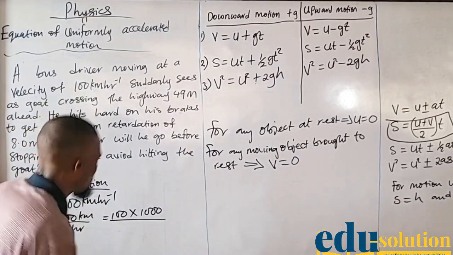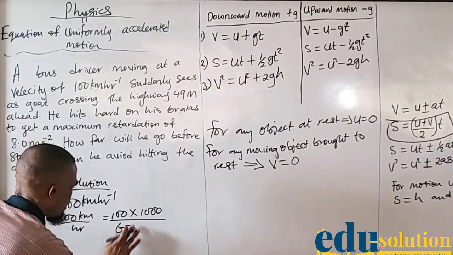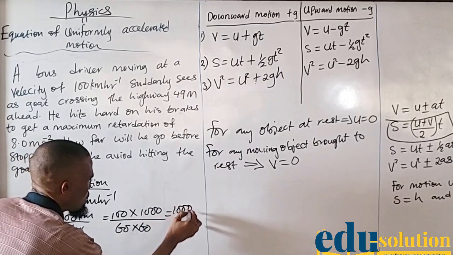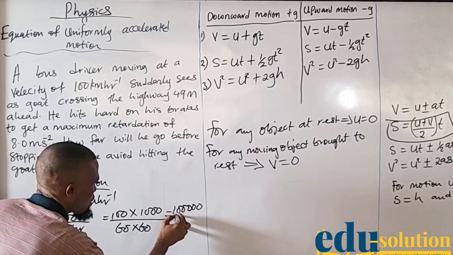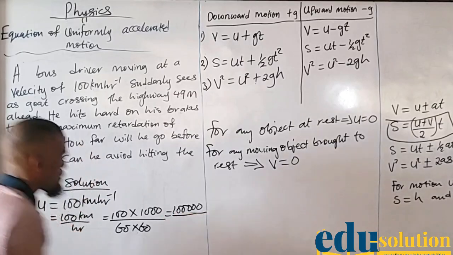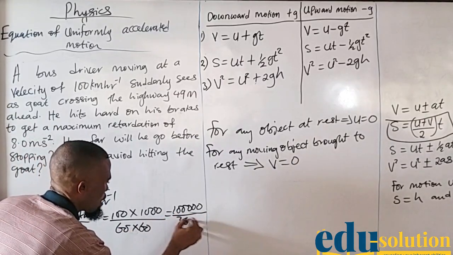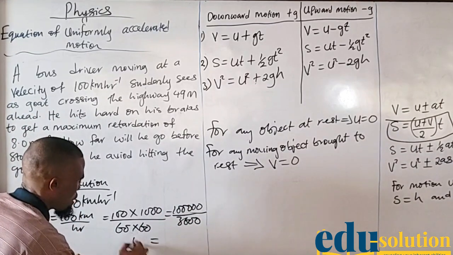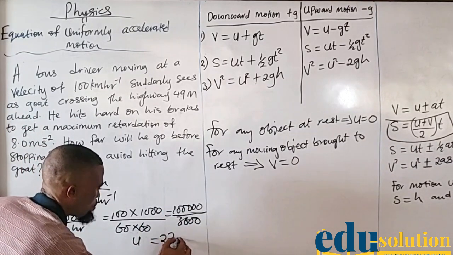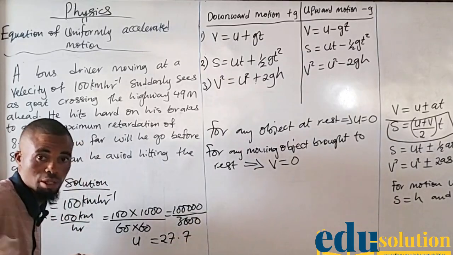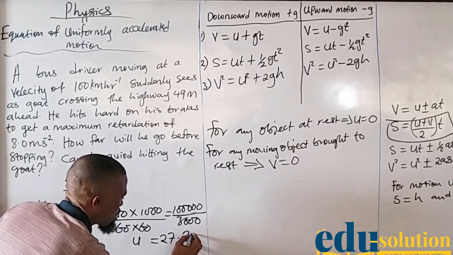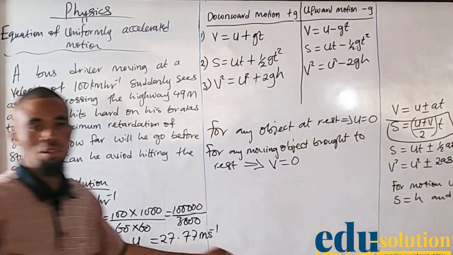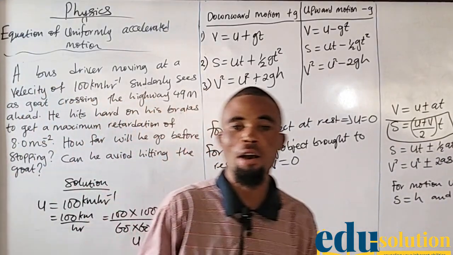That's 60 times 60, which is 3,600. So 100,000 over 3,600 gives us finally that u is equal to 27.7. Your calculator will say 27.77, so just say 27.7 meters per second. So we have taken our velocity from km/h to meters per second.